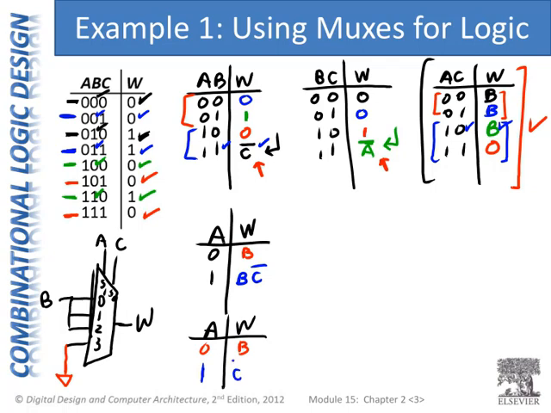So C bar B, or in other words, B C bar. Okay, so we could have gotten that reduced truth table using either that starting truth table or this one. Same result.